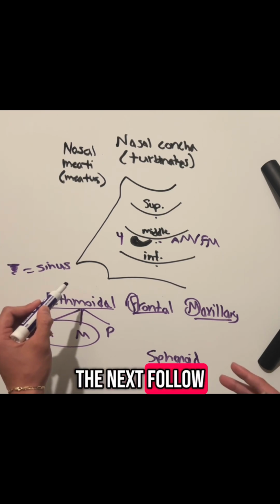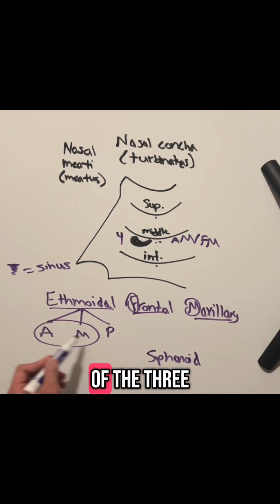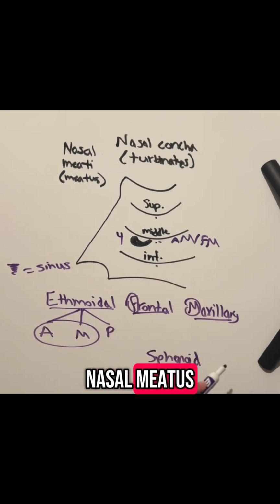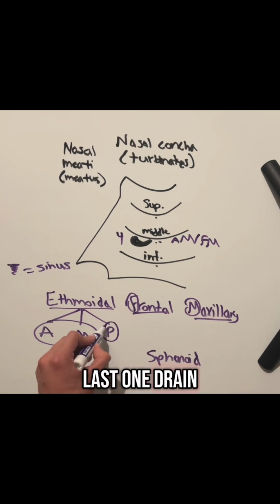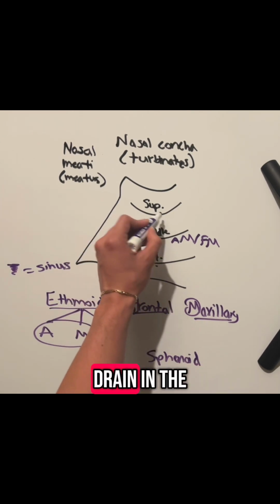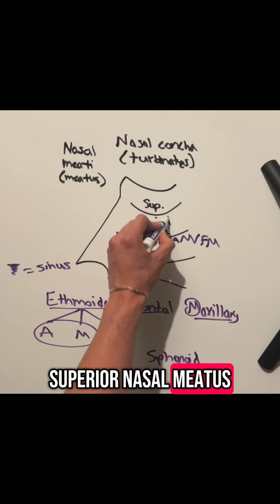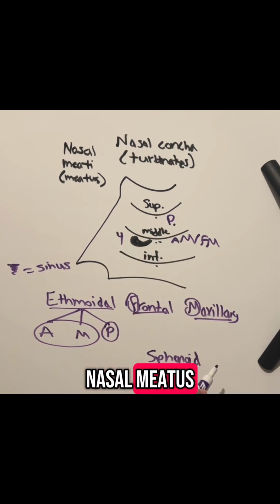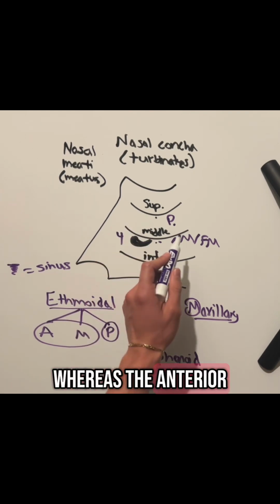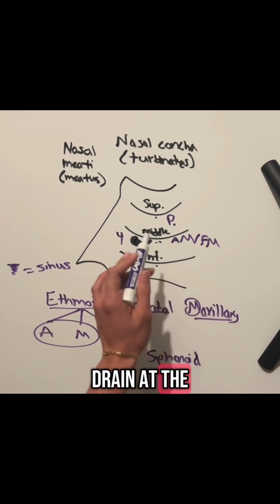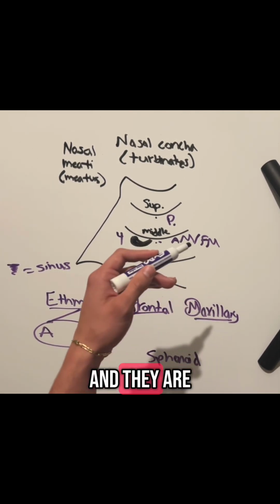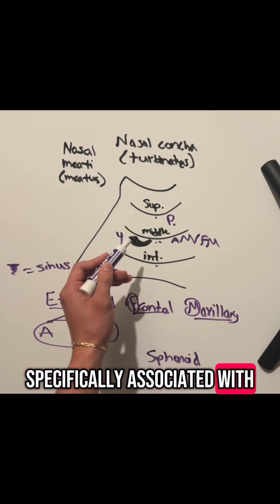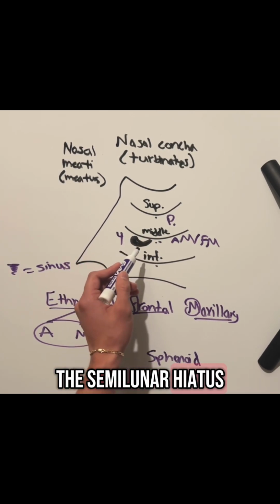The next follow-up question is, if 2 out of the 3 ethmoidal sinuses drain in the middle nasal meatus, where does that last one drain? This last one is actually going to drain in the superior nasal meatus. So the posterior ethmoidal sinus drains at the superior nasal meatus, whereas the anterior and middle ethmoidal sinuses drain at the middle nasal meatus, and they are specifically associated with the semilunar hiatus.